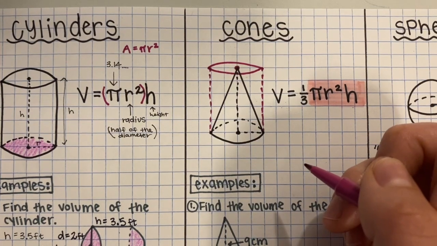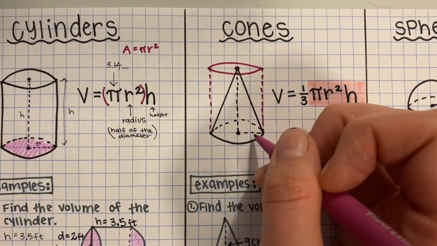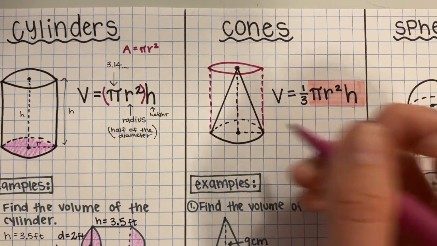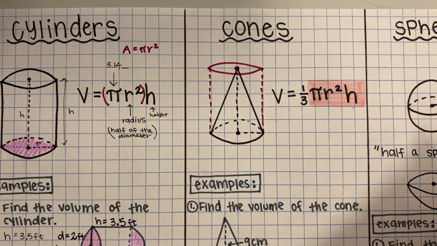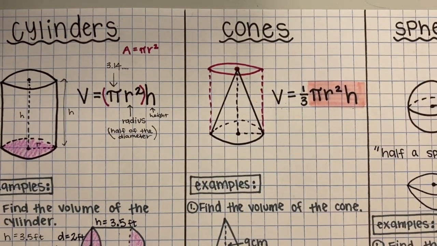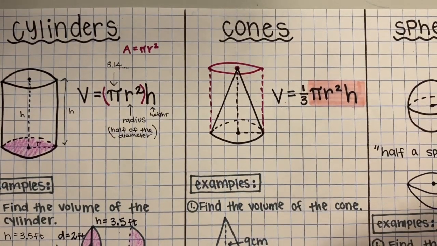So if I had 3 cones filled with water that had the same radius and height as a cylinder, those 3 cones, each filled with water, would fill up that cylinder. So that's kind of our background information about our cone.